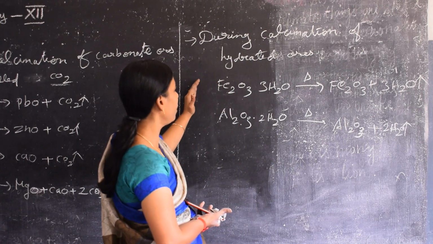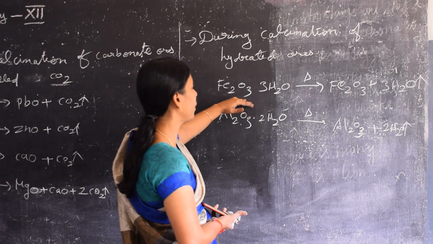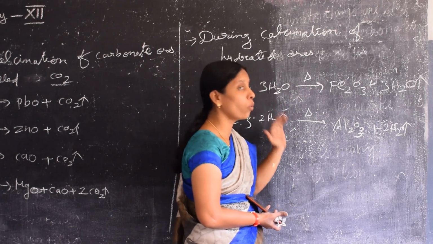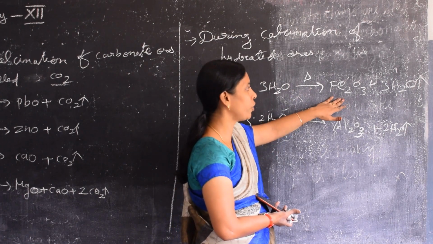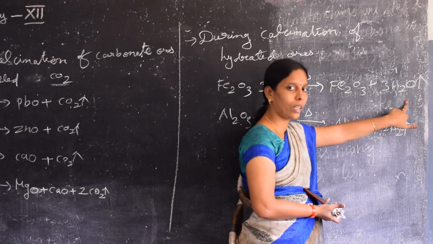Okay, so for example, Fe2O3 3H2O is a limonite ore. Limonite ore is a hydrated ore, is strongly heated பண்றோம் and then absence of air to form Fe2O3 and 3H2O form ஆகுது. Water molecules vapor escape ஆகுது.